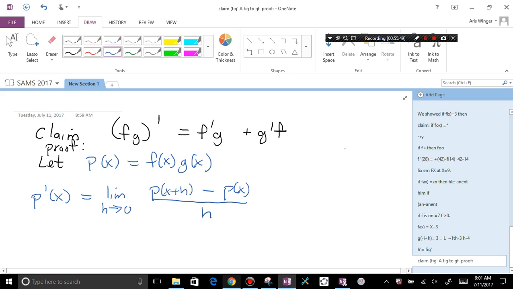Whatever I'm about to write, a ton of equal signs, and whatever I write, it better be a fact, and my last statement that I write is F prime of X times G of X plus G prime of X times F of X, right? That's going to be the last statement. This is equal to, well, P of X is F of X times G of X. What's P of X plus H?